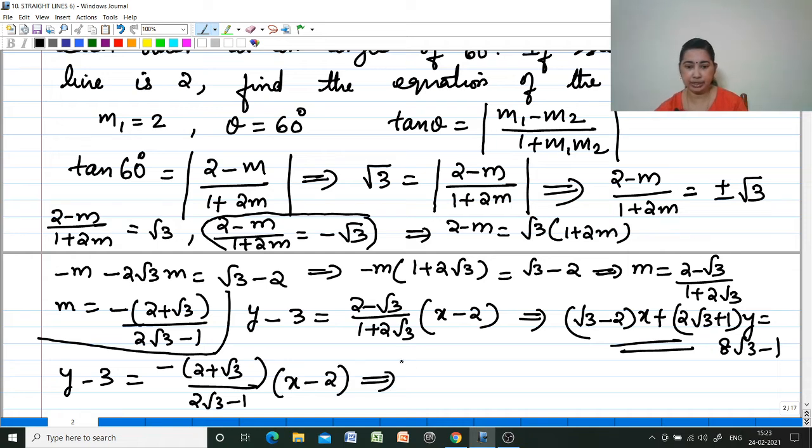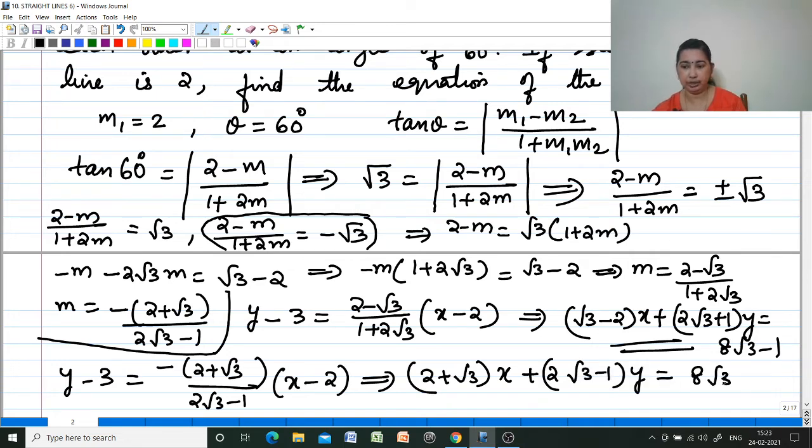Again simplifying this, we will get the second equation, that is (2 plus root 3) into x, with all the x terms written together and all the y terms written together, equal to 8 root 3 plus 1. This is another equation. We will get two equations because we are getting two slopes. So that is about how to find the equation of that line. Now next one.